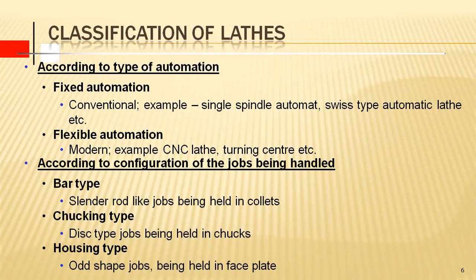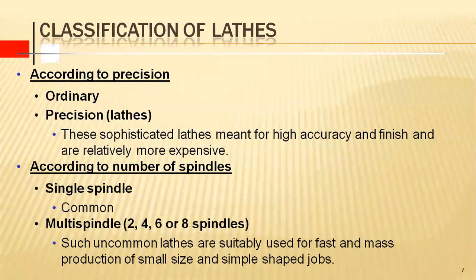According to the configuration of jobs being handled: bar type, chucking type, and housing type. According to the precision: ordinary precision and high precision. Precision, in the sense, means getting the perfect dimensions as per the vendor's specifications.